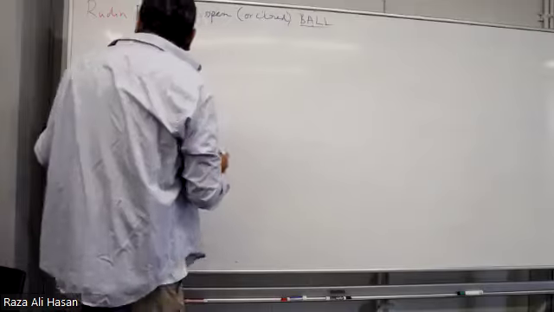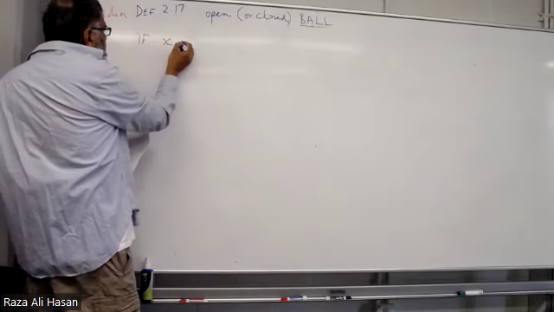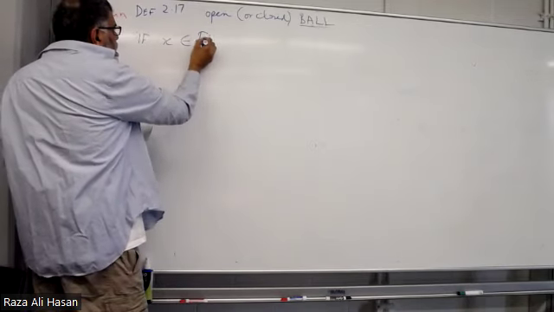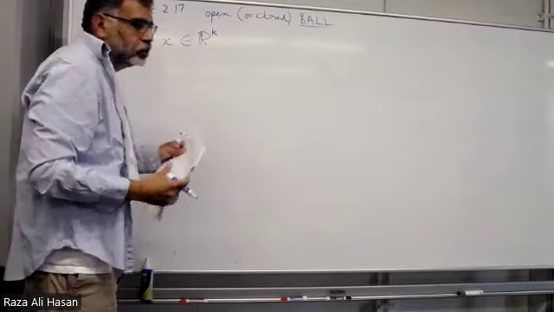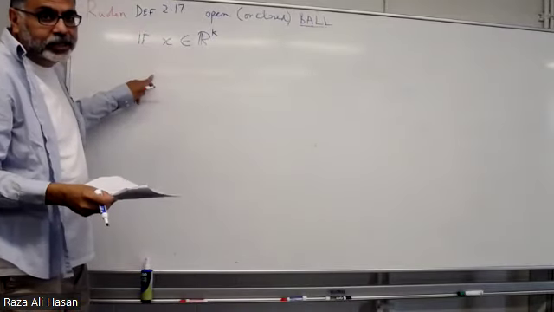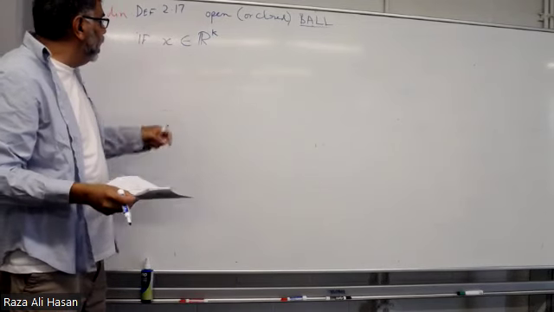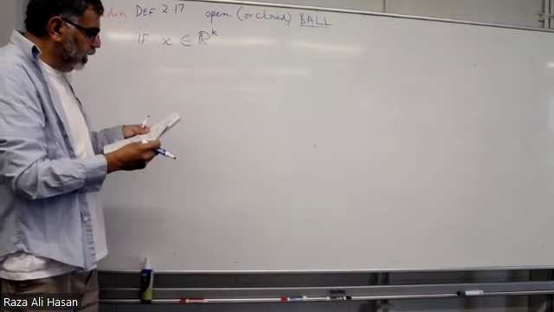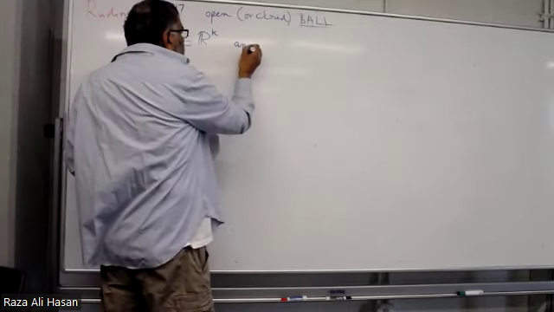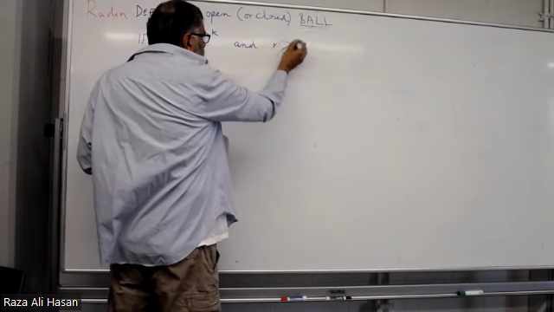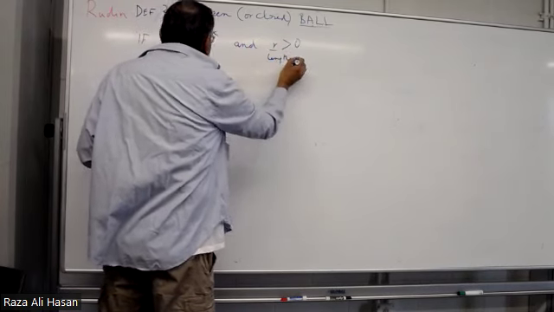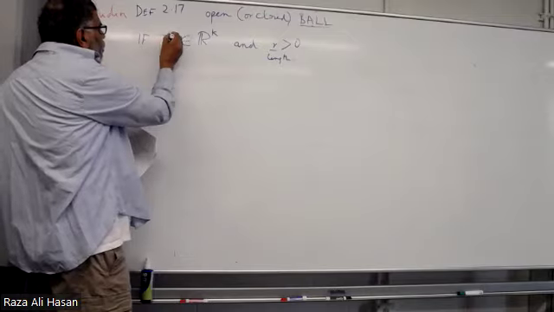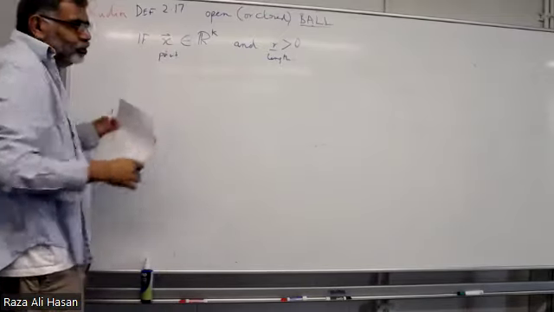So if you have a point or a number x, this has to be a point, right? And it will have coordinates. So if you have an element, a point from Rk, and a radius r, this is just a length, and this is a point.